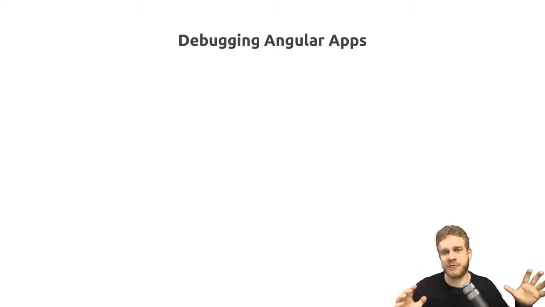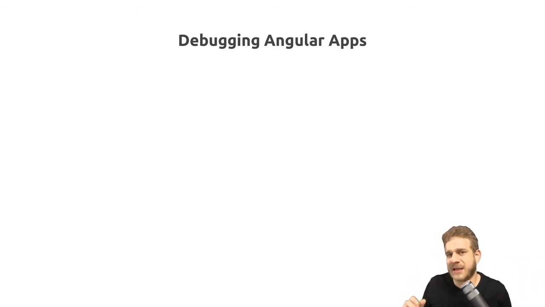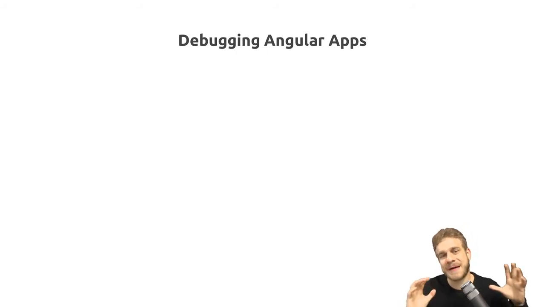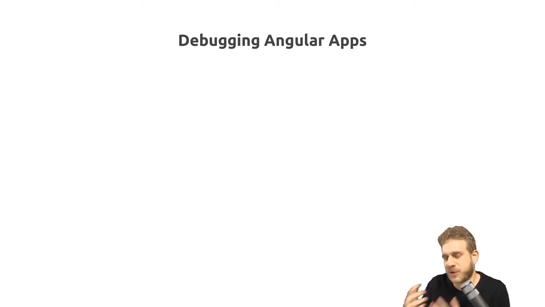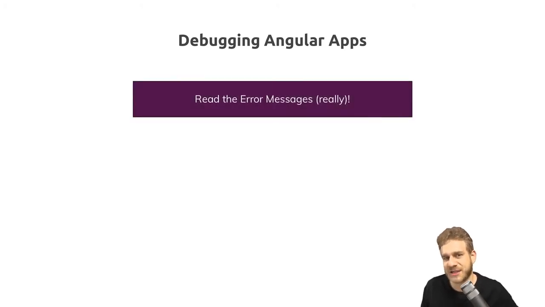Let's leave the setup world and let's have a look at the real development problems we face when creating an Angular app. And debugging Angular apps tends to be one of the hardest things from my experience, so from the questions I saw. And one thing that really isn't done correctly a lot of the time, unfortunately, is reading the error messages.